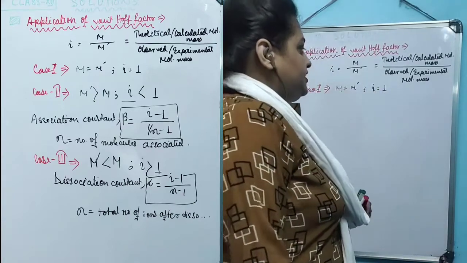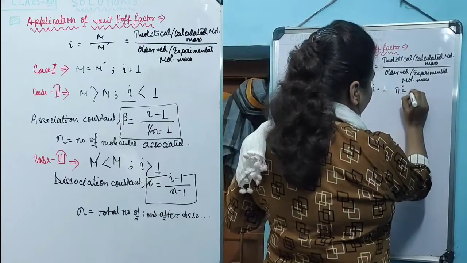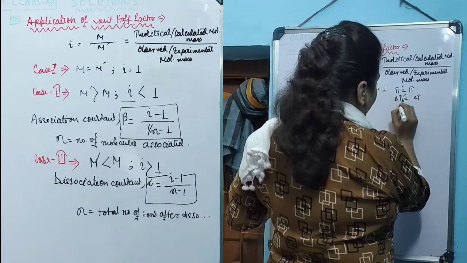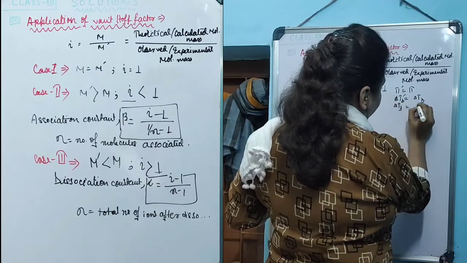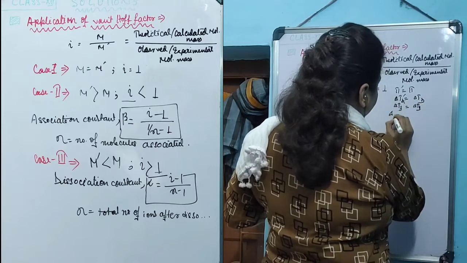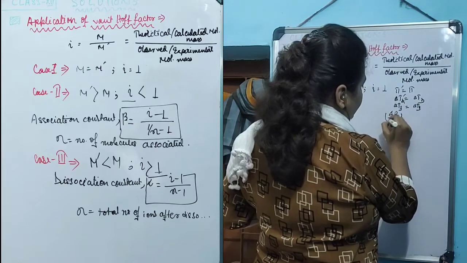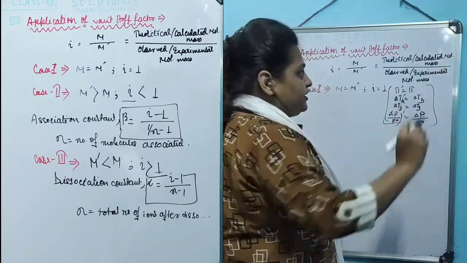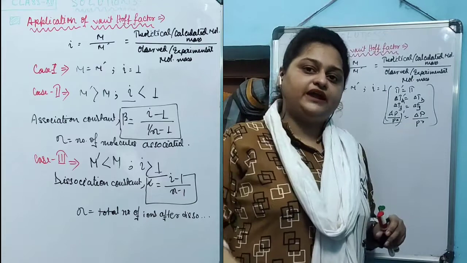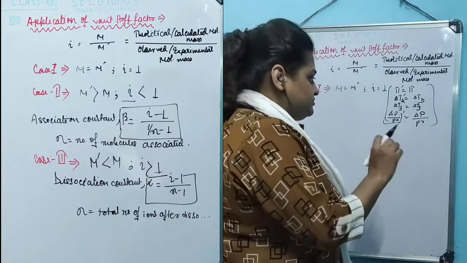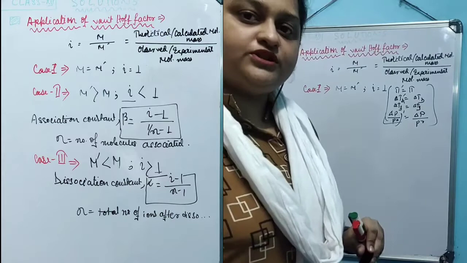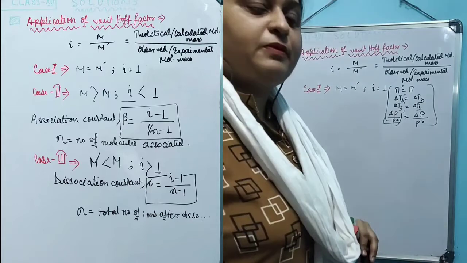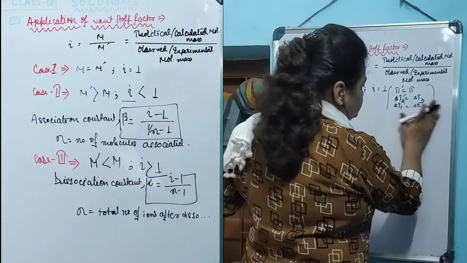In this case, pi prime will be equal to pi, or delta TB prime equals delta TB, or delta TF prime equals delta TF, or delta P by P naught prime equals delta P by P naught, meaning the theoretical colligative property that we get by calculation will be exactly the same as the observed colligative property value that we get by experiments. So this is the observation for case 1.